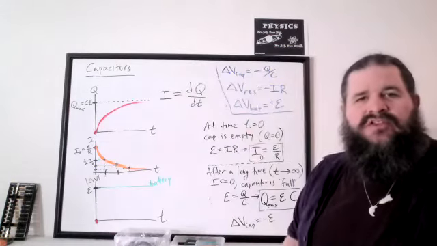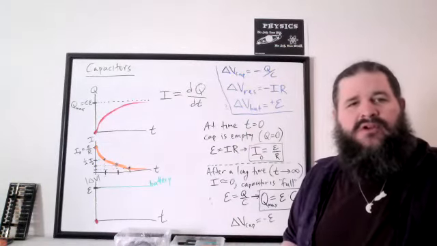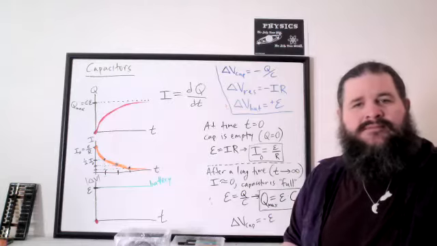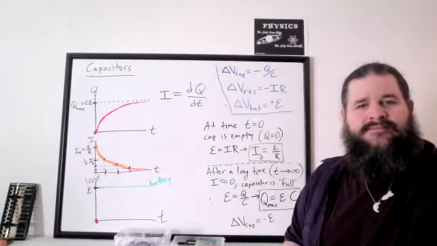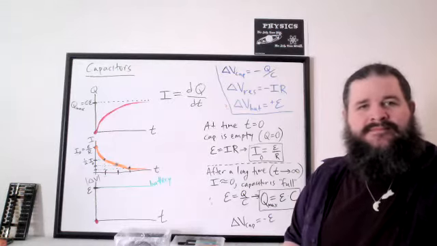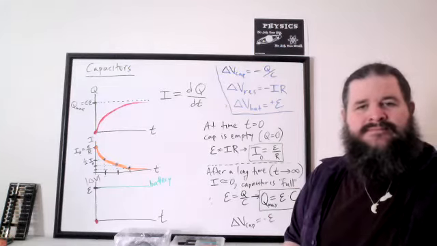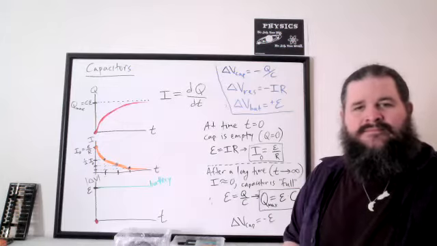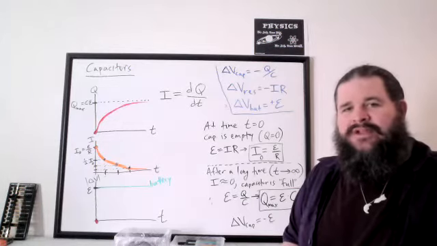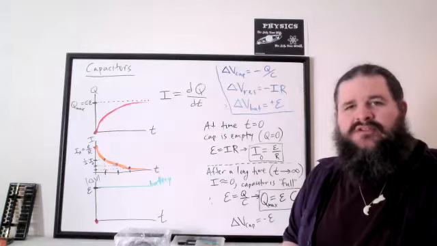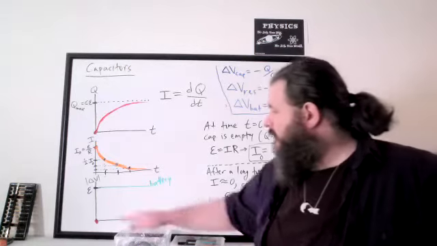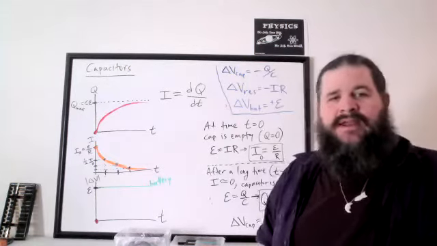Whereas the resistor, how much voltage does the resistor start with? If the capacitor is not getting any voltage, how much voltage? Yeah, the resistor is getting the maximum voltage, specifically the full epsilon, the full voltage of the battery.